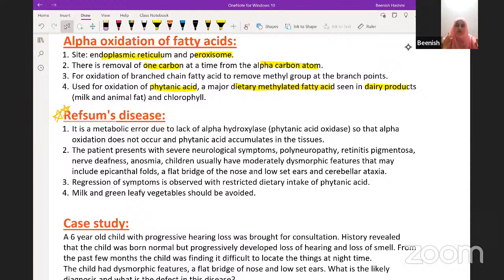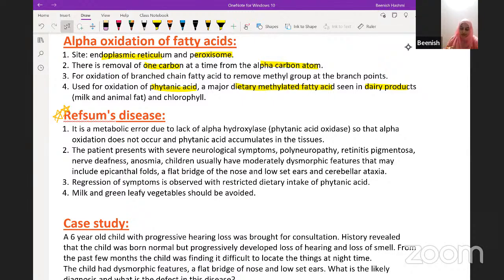But just to explain, phytanic acid and all other such branched fatty acids are first hydroxylated and then cleaved as one carbon units, and that is how phytanic acid is metabolized. A particular enzyme occurring in this alpha oxidation of fatty acids is defective or absent, which leads to Refsum disease.